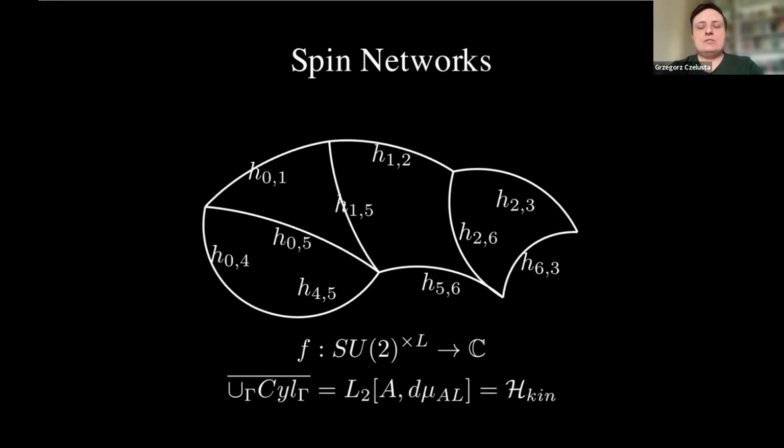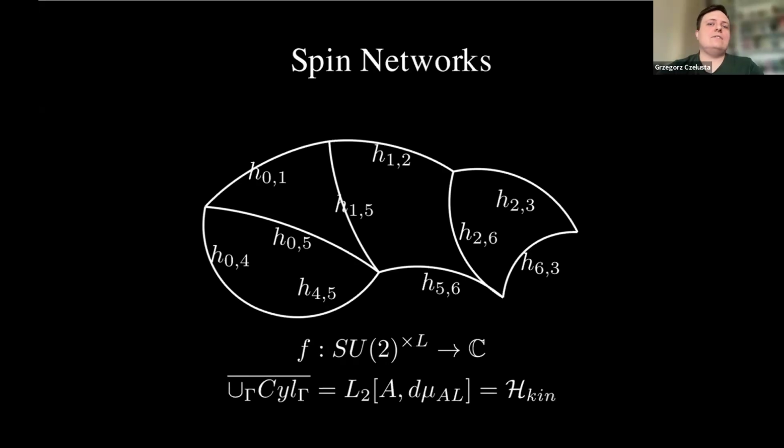But it is also worth emphasizing that spin network techniques are not used only in LQG, but they also appear in many related approaches to quantum gravity and quantum geometry. So this tool can be used in many formulations of quantum gravity.